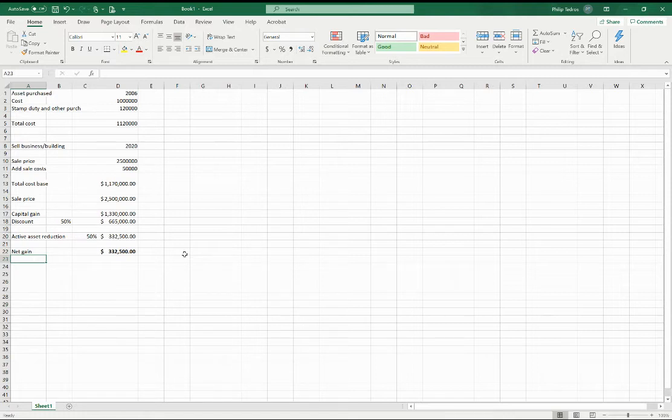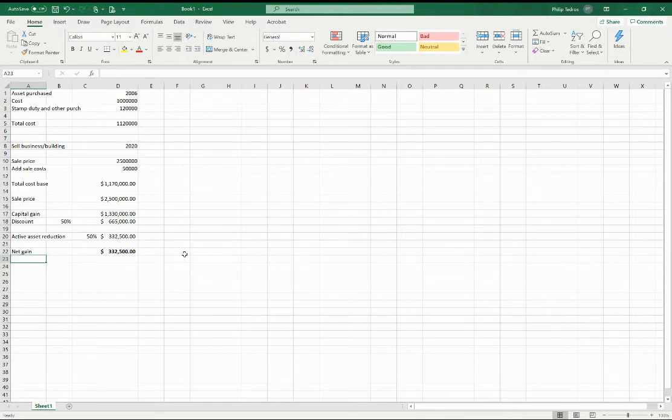Now, assuming you have a trust, you can distribute that net gain onto individual beneficiaries or company beneficiaries, or whichever beneficiaries you prefer, provided that your trust is what we call a discretionary trust. It has the discretion to distribute any of the income to any beneficiaries with a tax file number.